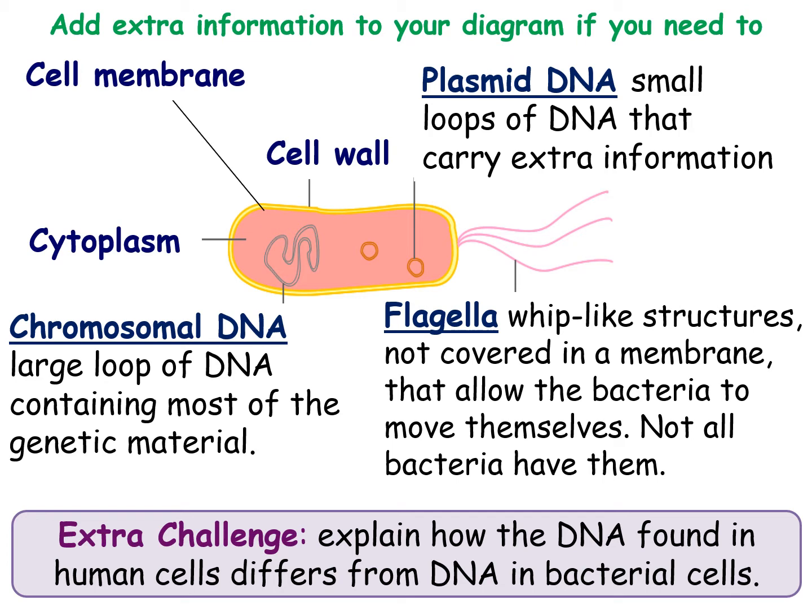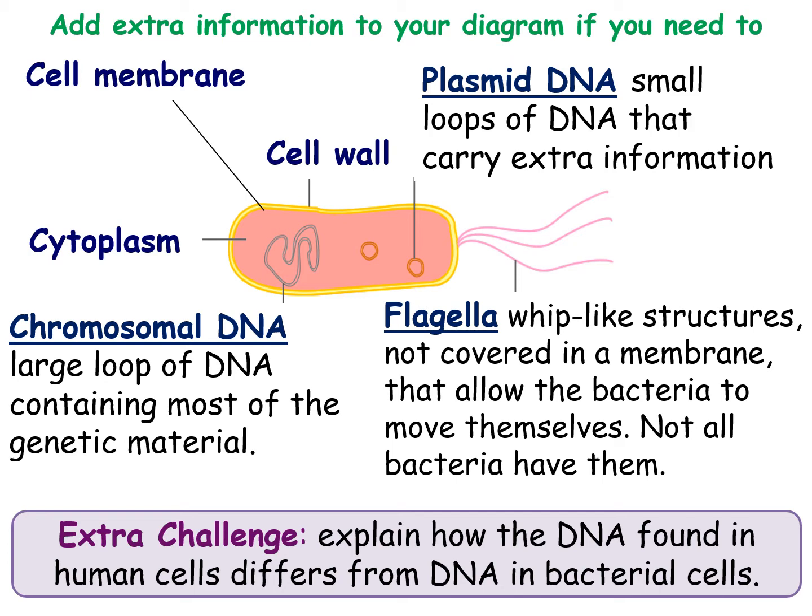So a sperm cell has a tail or a flagellum, and that helps it to propel itself through the female reproductive system to find the egg. So if you haven't underlined your flagella, I'll let you off just this once.